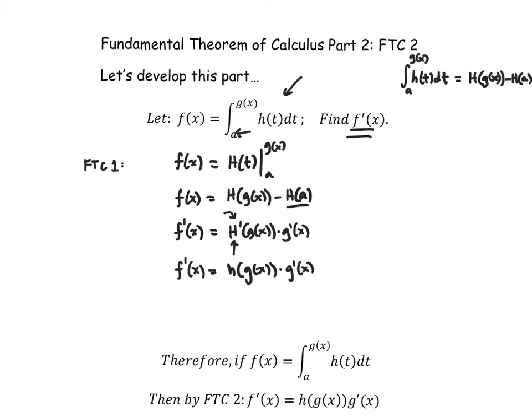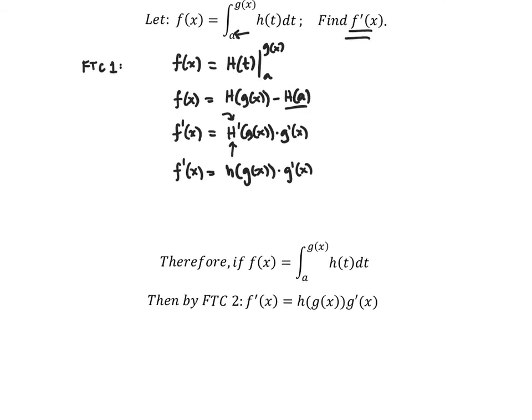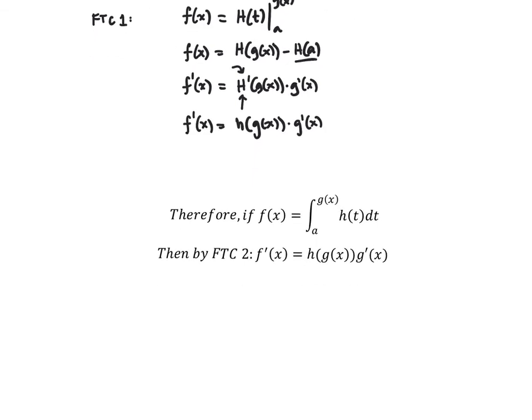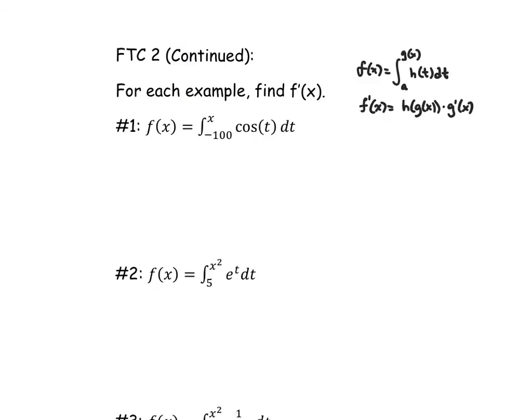You input g of x into h of x and multiply by g prime of x, minus, then you input the other function into h of x and multiply by the derivative of that function. You'll see this in a couple of examples coming up. As you can see, using the fundamental theorem part 2, f prime of x equals h of g of x times g prime of x. It always works.